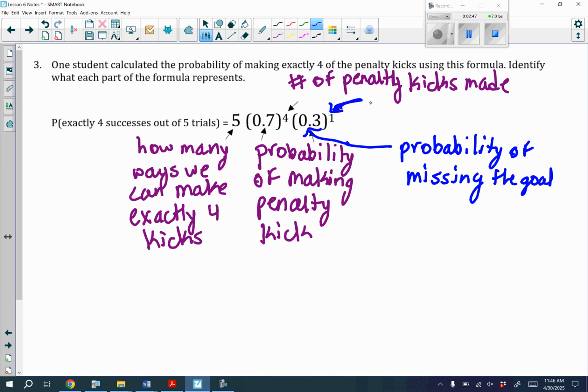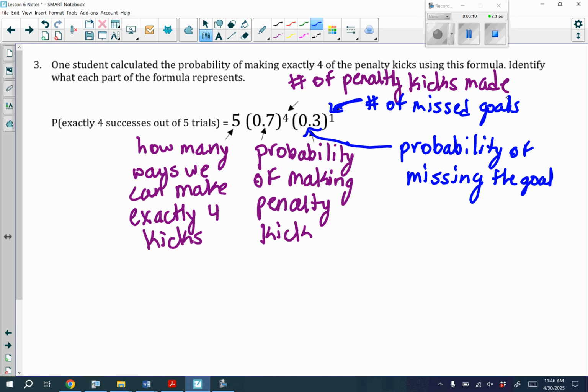Okay, so this is once again the number of missed goals or not making the penalty kick. So whatever you would like to put there. So number of times that we missed the shot or missed the goal. Okay, so that's what each of these values represents.